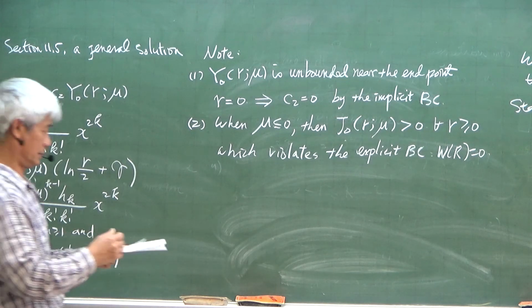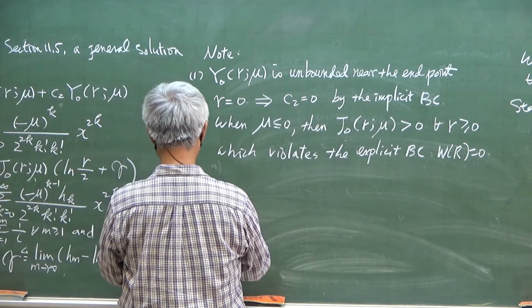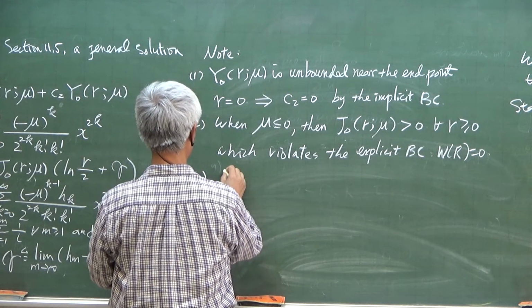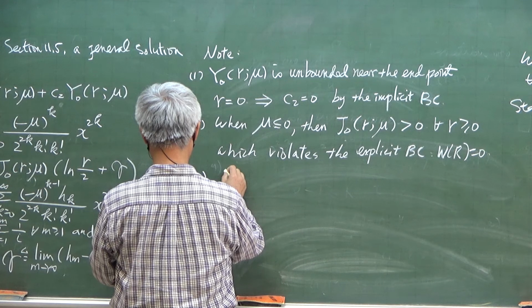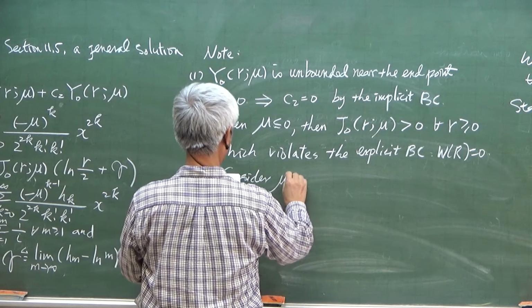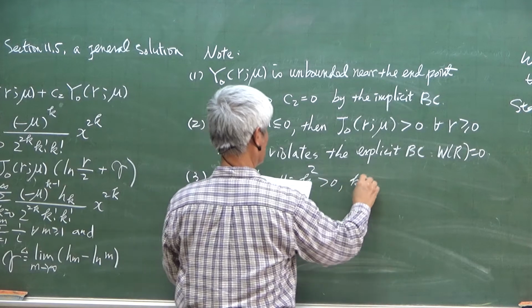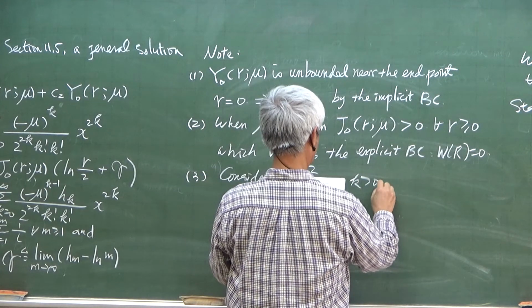Okay? So consider the only possibility is that mu is equal to k squared and k is not 0. Okay?